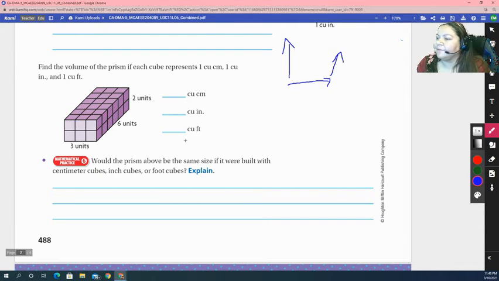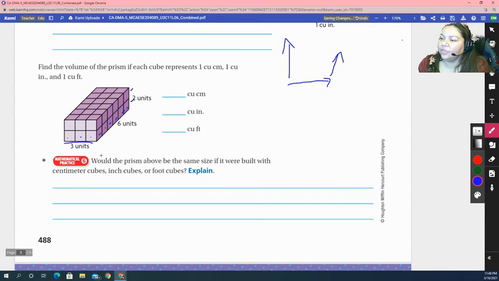Well, here we have 3 units, 1, 2, 3, going in its width. In its height we have 1, 2, so it's 2 units high, and then in its length we have 1, 2, 3, 4, 5, 6 units.